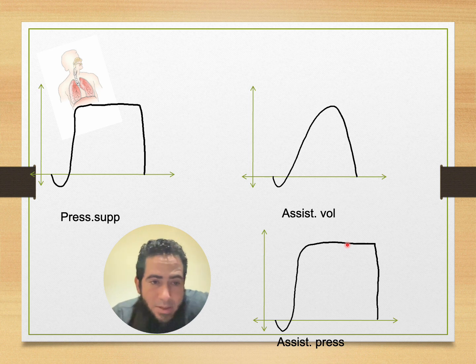However, the difference between the pressure support and assisted pressure control is in the cycling mechanism, and this will be obvious in the next slide.